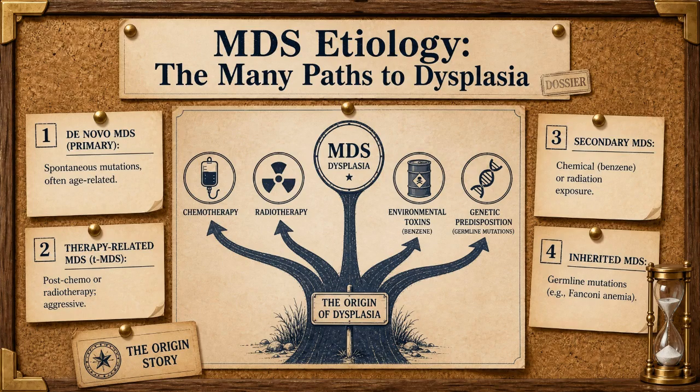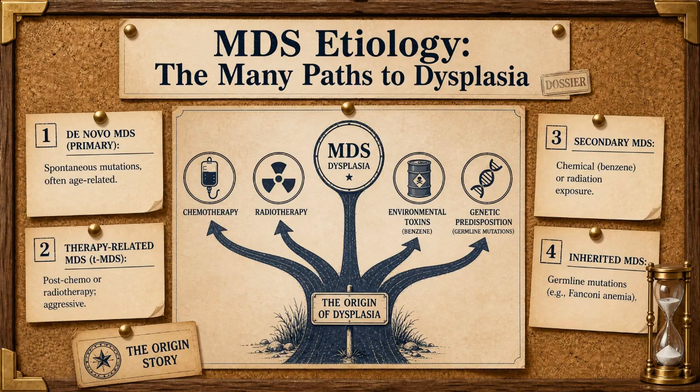Finally, we have inherited MDS. This is a less common but important category, associated with germline mutations in patients with inherited bone marrow failure syndromes. Conditions like Fanconi anemia, Diamond-Blackfan anemia, and Schwachman-Diamond syndrome are examples where patients have a genetic predisposition to developing MDS, often at a younger age.